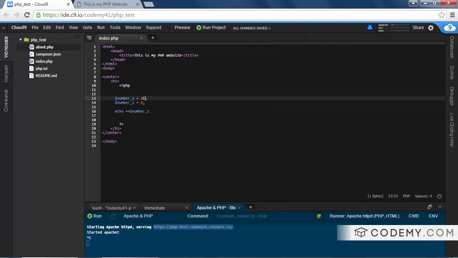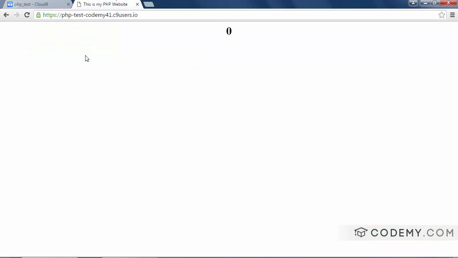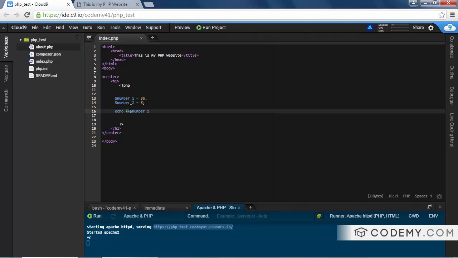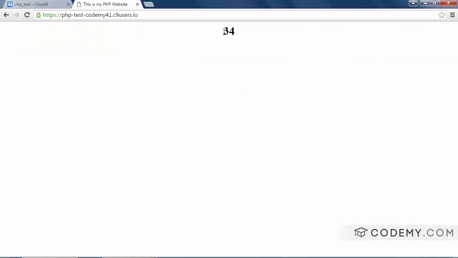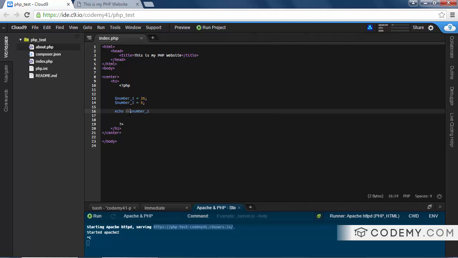Our number 1 is 35. We've incremented it 1 plus plus. So 36. If we minus minus, it would be 35 minus 1. Save that, 34. So this is very handy, and you're going to use this an awful lot.